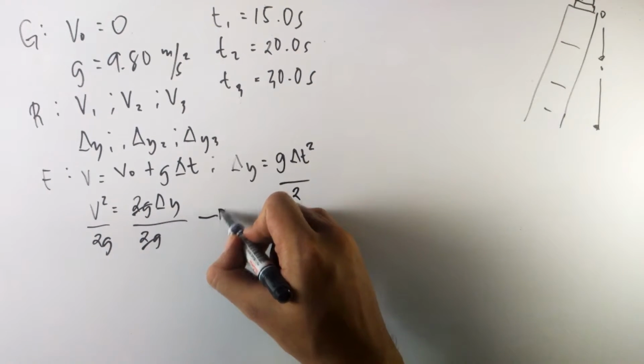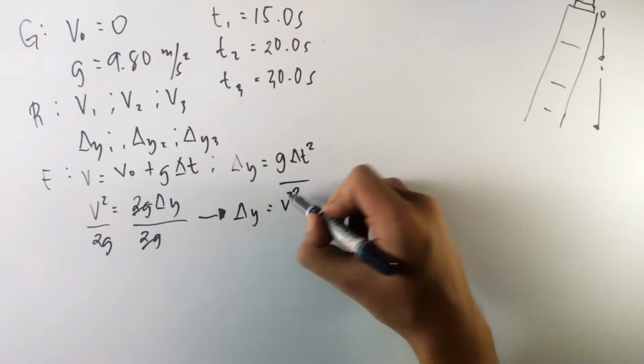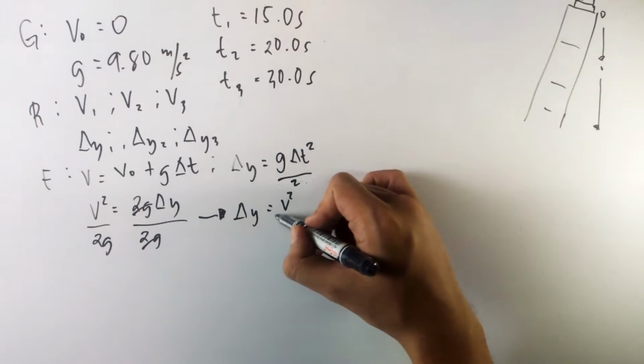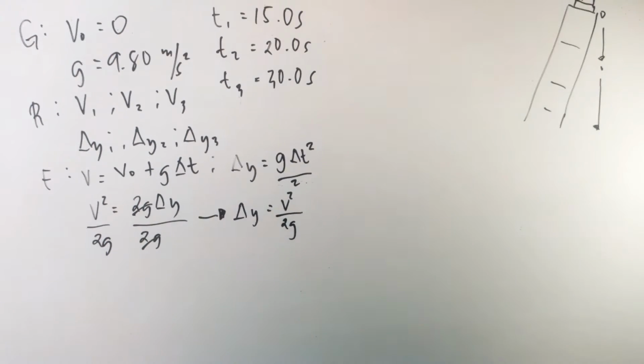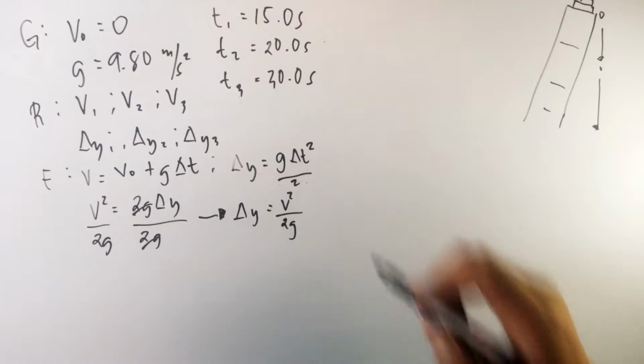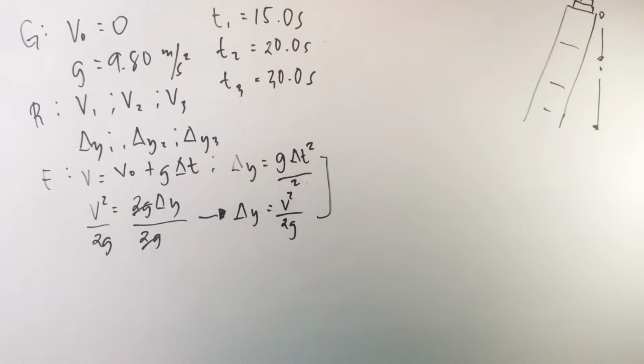So the form of this would become delta y is equal to v squared over 2g. These are the equations that you can use to obtain the values of y. We're going to try both.